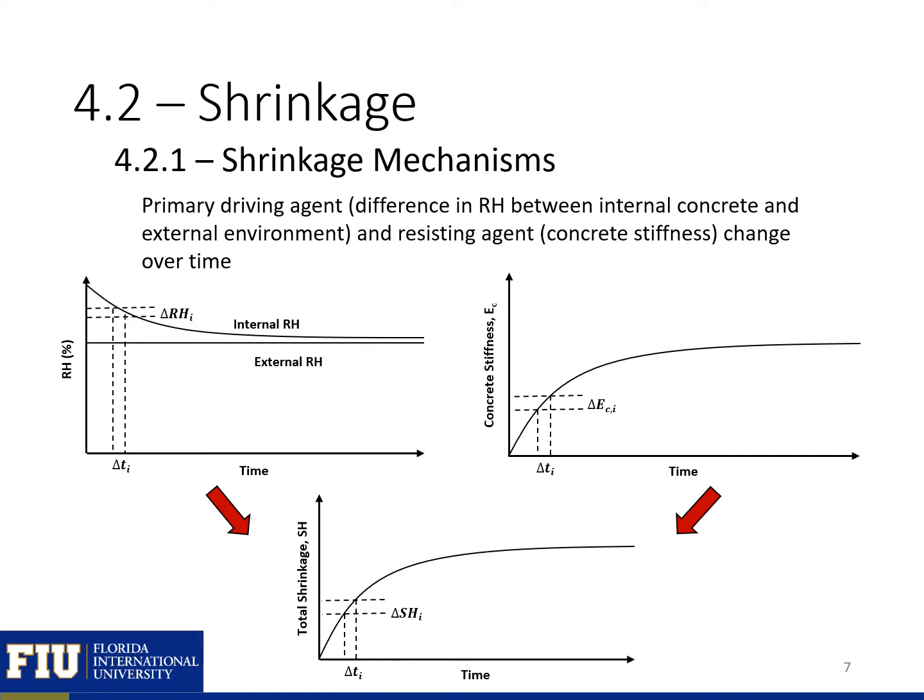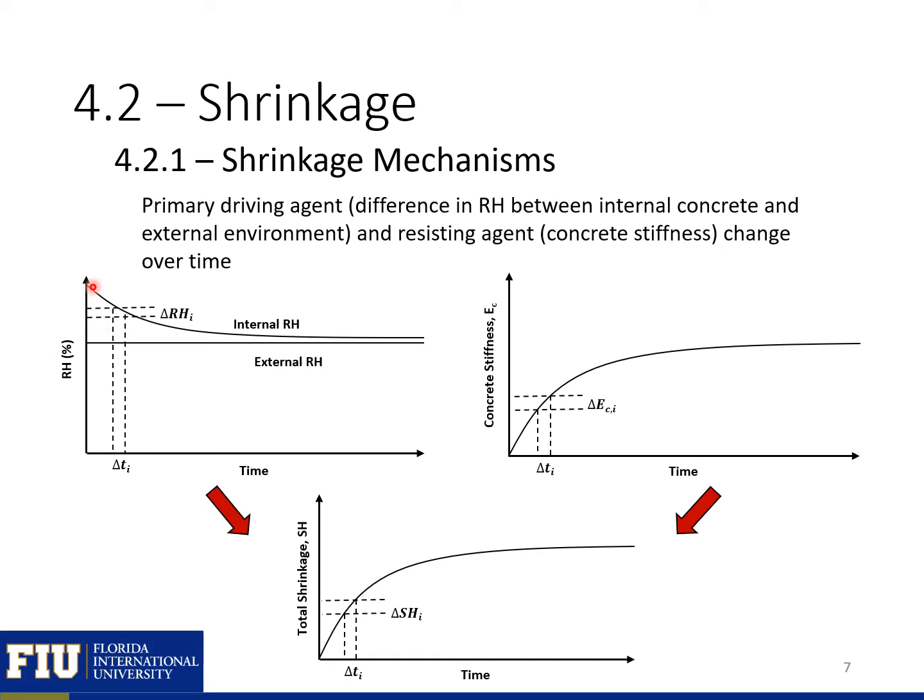We can look at shrinkage another way by seeing how our shrinkage develops over time. We can look at our relative humidity versus time, our concrete stiffness versus time, and our total shrinkage versus time plots. So first we can see that our shrinkage is primarily driven by the difference in relative humidity between the internal relative humidity of our concrete and the external relative humidity of our concrete.